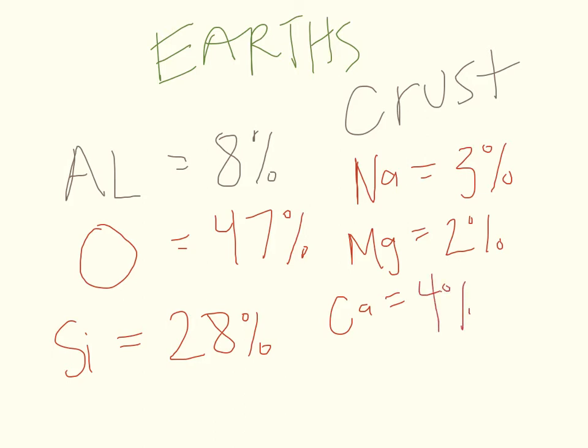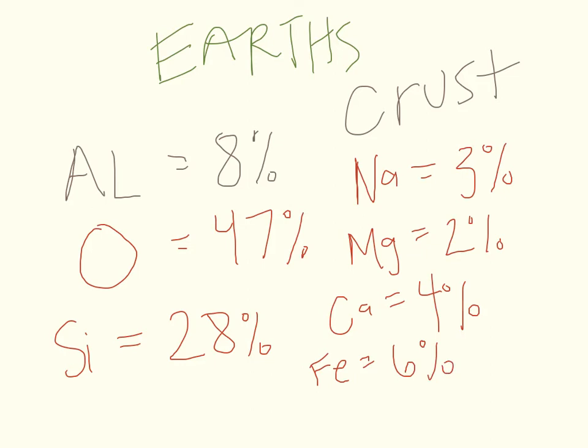So you should be filling out your chart as we're going along. Moving on, the last known element in the Earth's crust is iron, and that's Fe. You don't have to write the symbol, just write the percentage, and there is about 6% of iron in the Earth's crust.